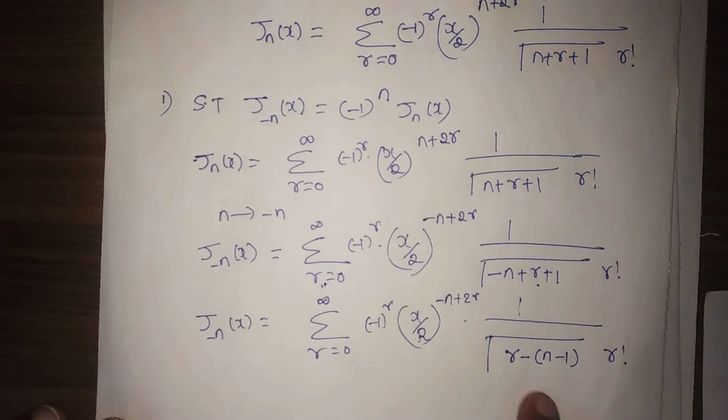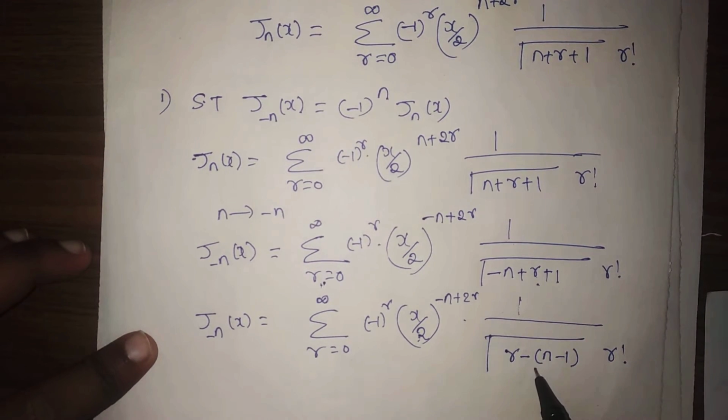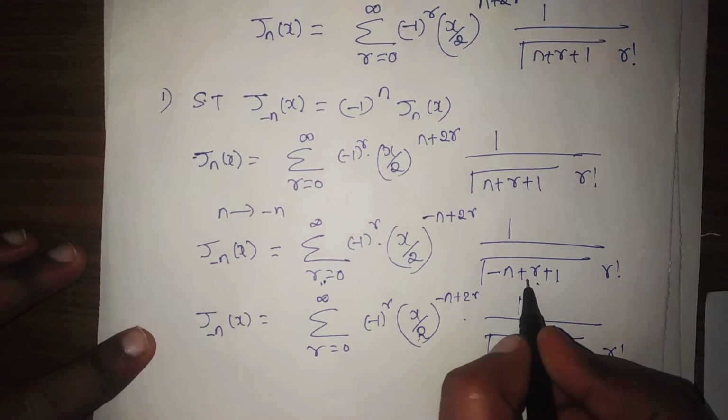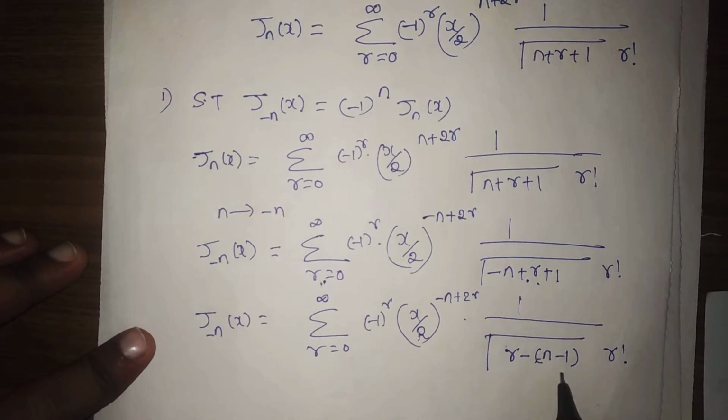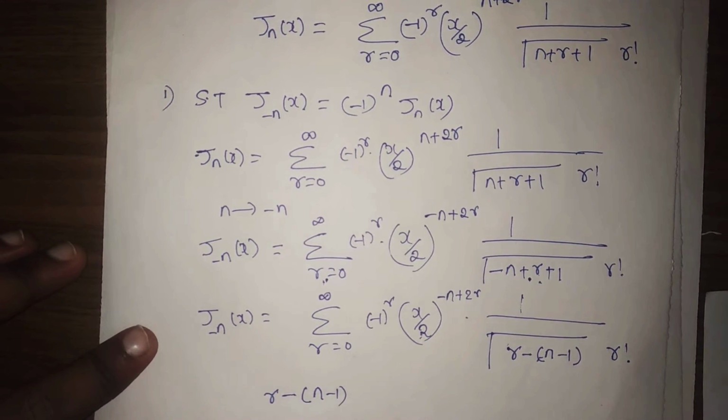Now if you just observe this function separately, once again while proving I will write back this term only, just to show you I have just converted. So you know this r minus of n minus 1.